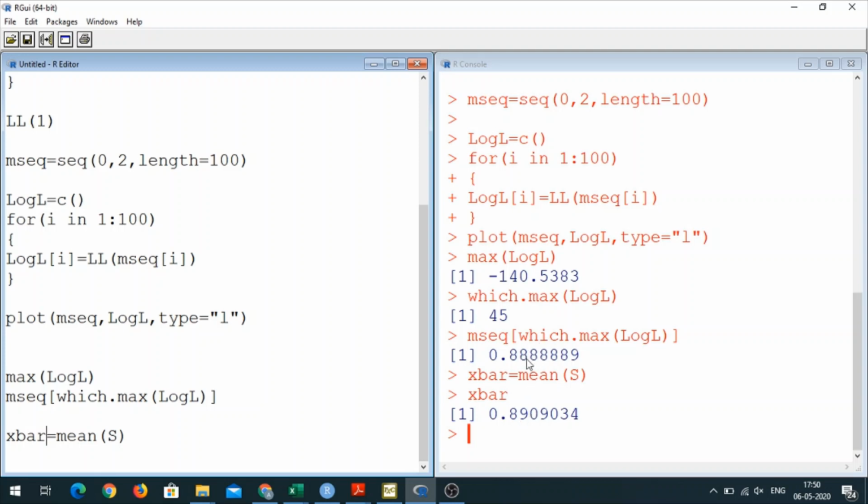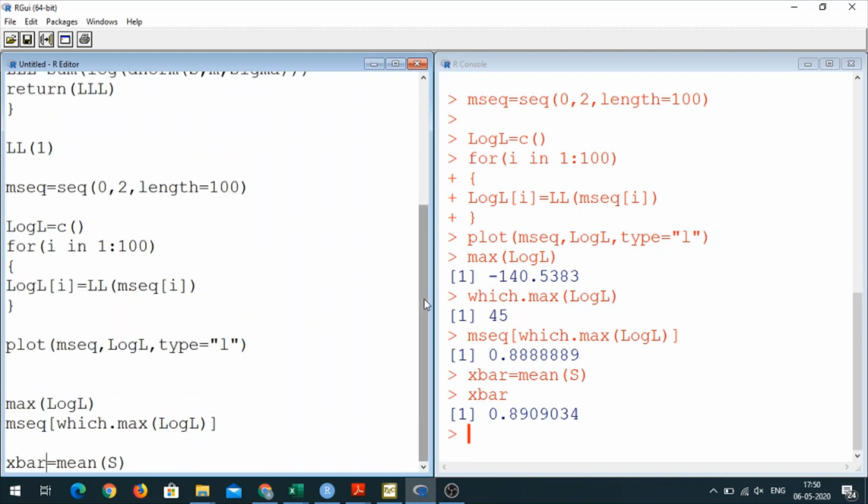Why do the values differ at the second decimal? Can you guess? See, the thing is, we are not trying every possible value between 0 to 2. We are trying in a graph only 100 values between 0 to 2. So instead of this 100, if I try many more values, let's say 10,000, then let us see what happens.